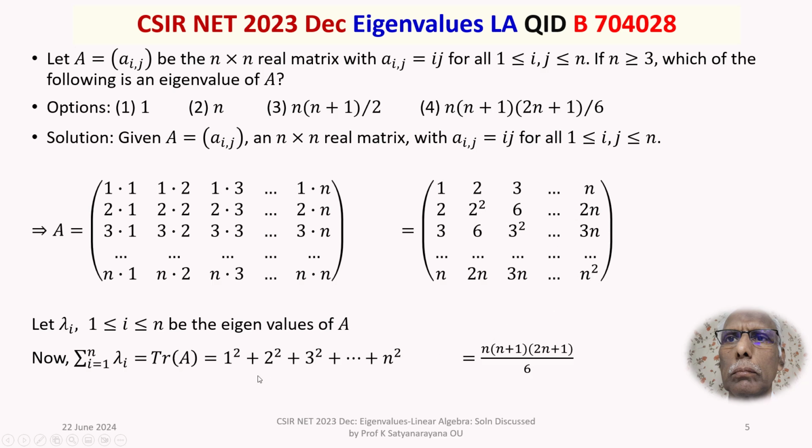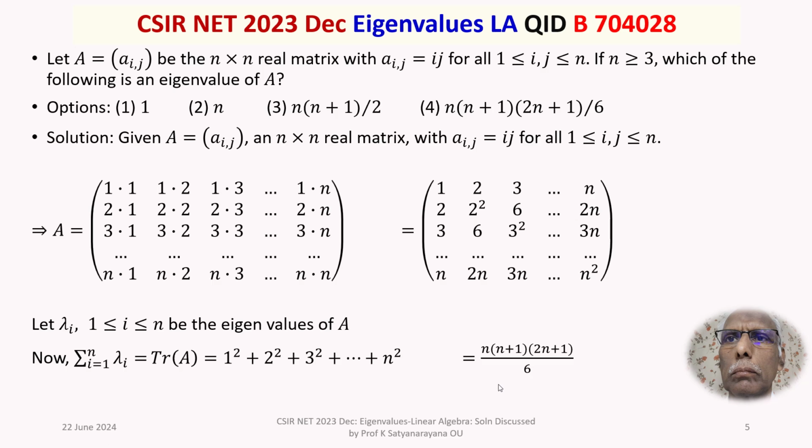We know the sum of the squares of the first n natural numbers is n(n+1)(2n+1)/6, and we want to show one of the eigenvalues is precisely n(n+1)(2n+1)/6.